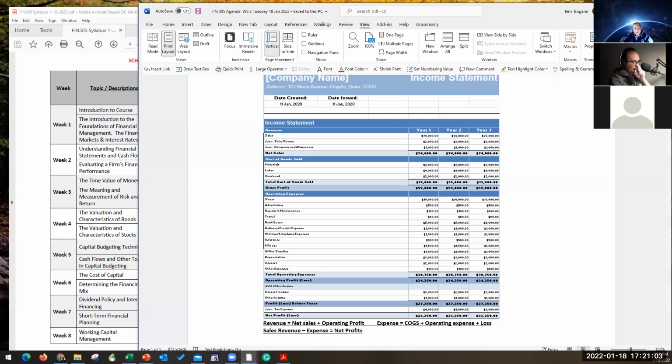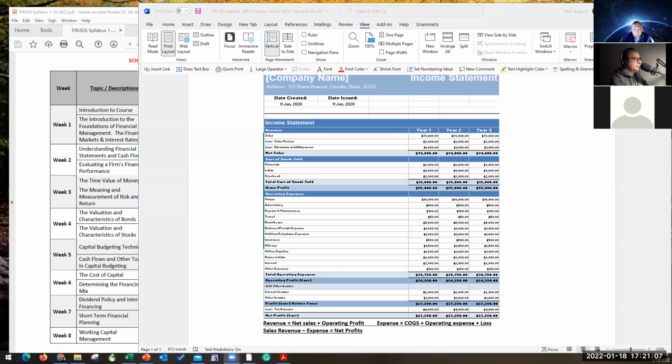So total revenue is net sales, which is 74,000, plus operating profits.